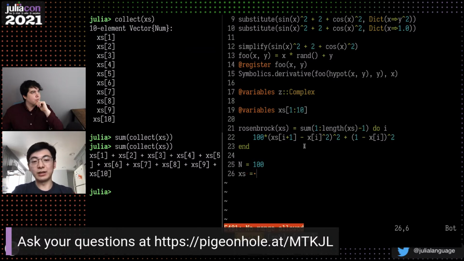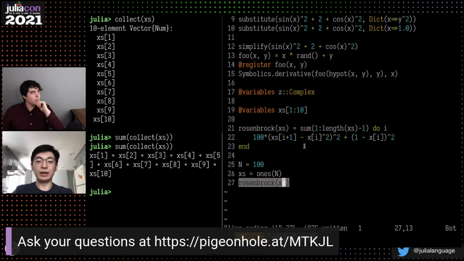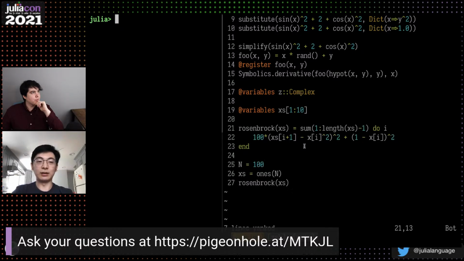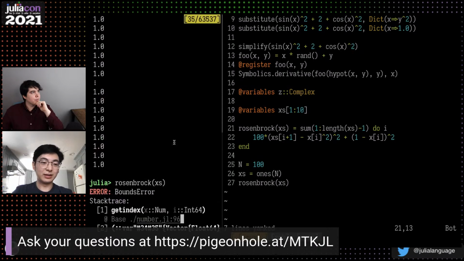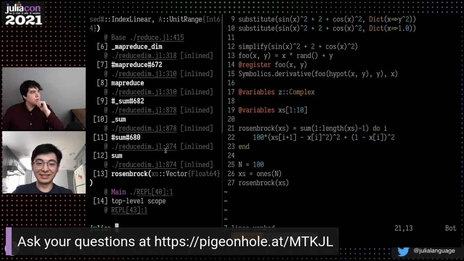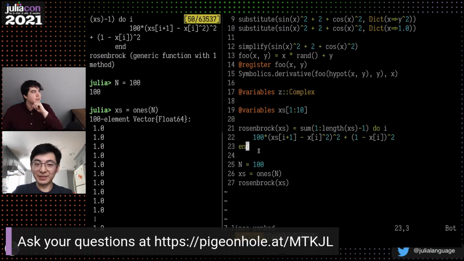So to test this function, we know that this function has the minimum at the one vector, right? So if we do Rosenbrock of xx at a variable with just ones, oops, it's a bounds error. You accidentally use x instead of xs. Oh, right, sorry, in 2 spots.